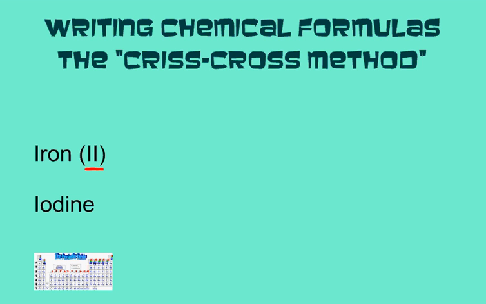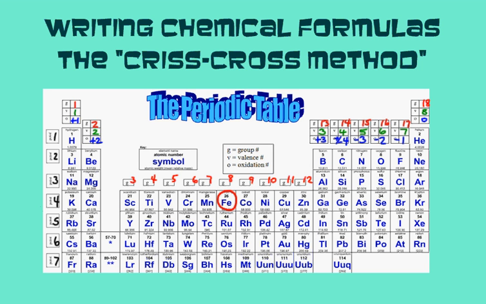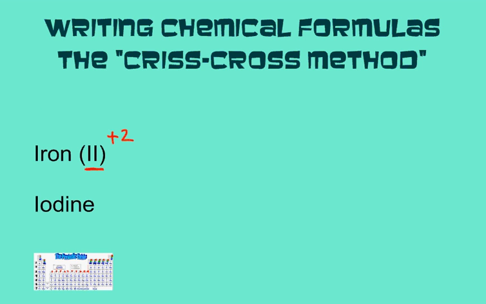Whenever you see a Roman numeral, whether it's 1, 2, 3, or 4, you know that that is the oxidation number. Since it's not on our periodic table, we can get it from there. So we know that iron is going to be +2. Iodine, we go back to the periodic table, and it is -1.